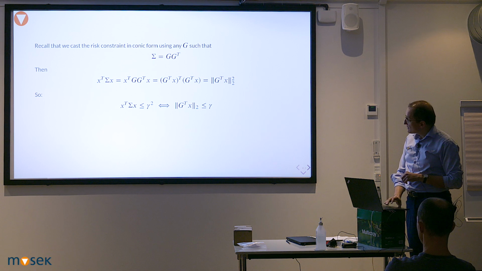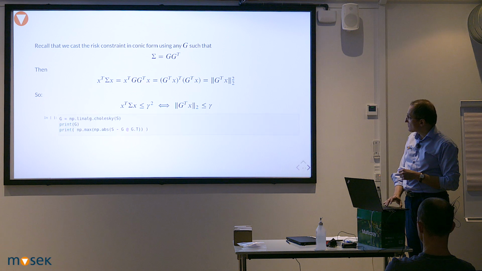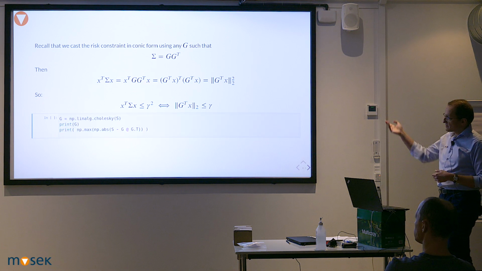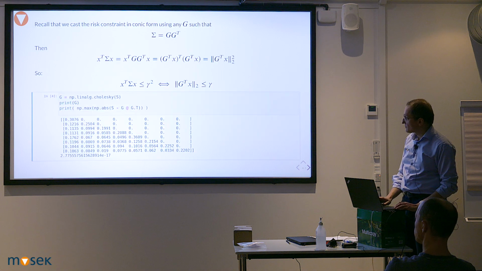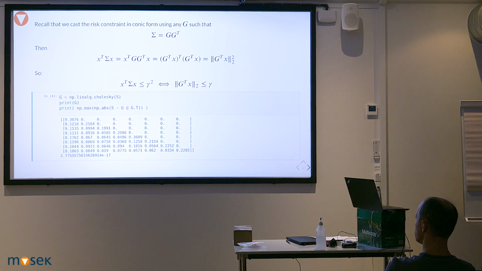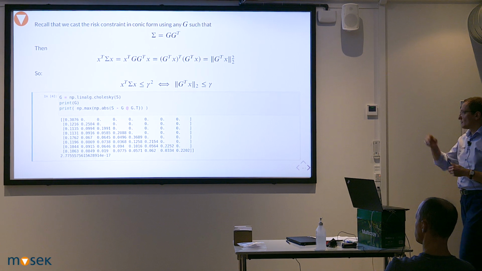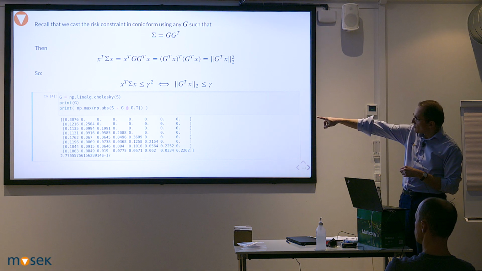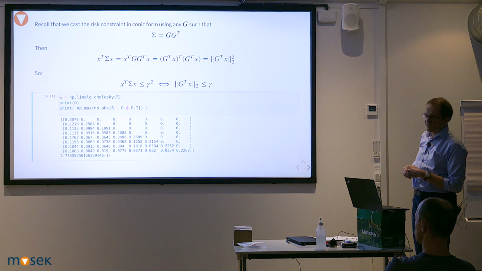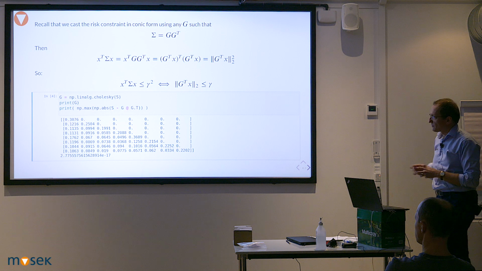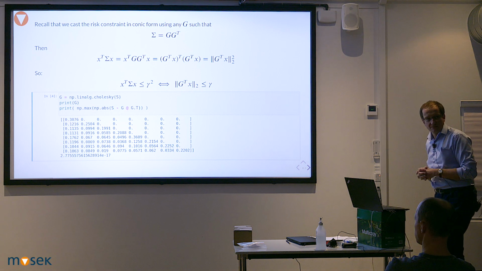And this is just a reminder from the previous talk. Then we can go ahead, and since we don't have any better plans, I'll just compute this Cholesky factorization. The Cholesky factorization is a lower triangular matrix, and just to reassure you, I've actually checked there that S equals G times G transpose, at least up to 10 to the minus 17.